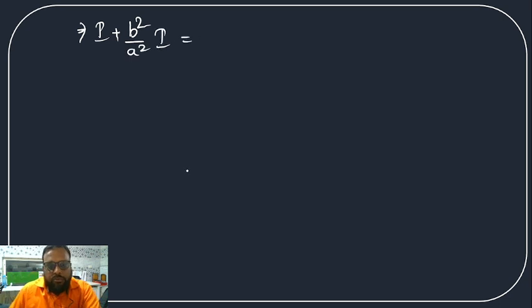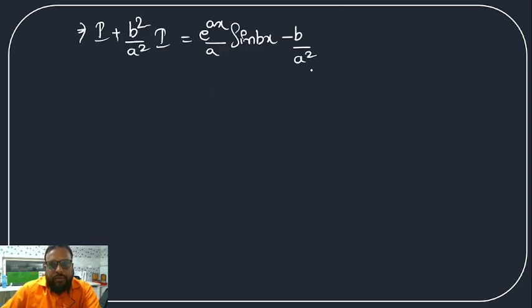So this becomes I plus b square by a square I equal to e to the power of ax by a sin bx minus b by a square e to the power of ax cos bx.